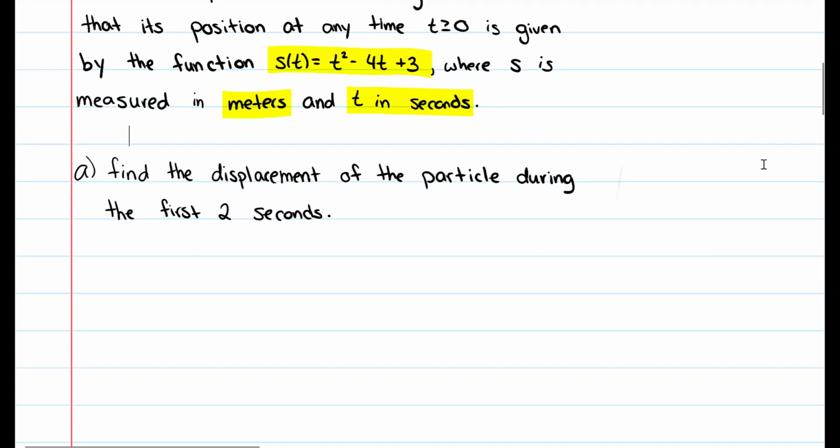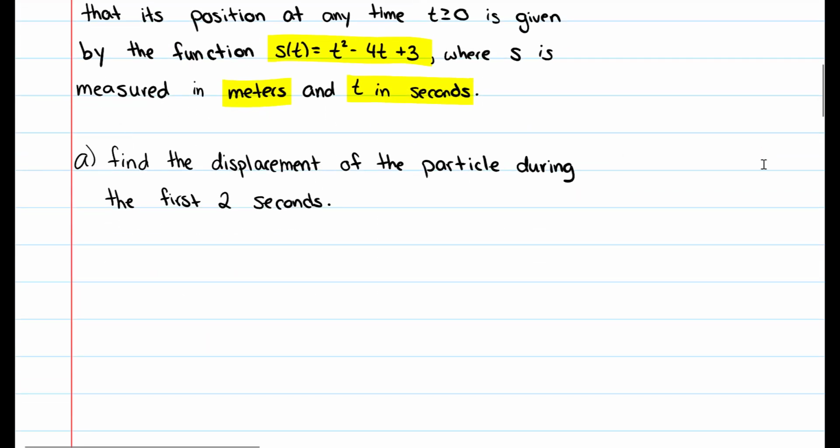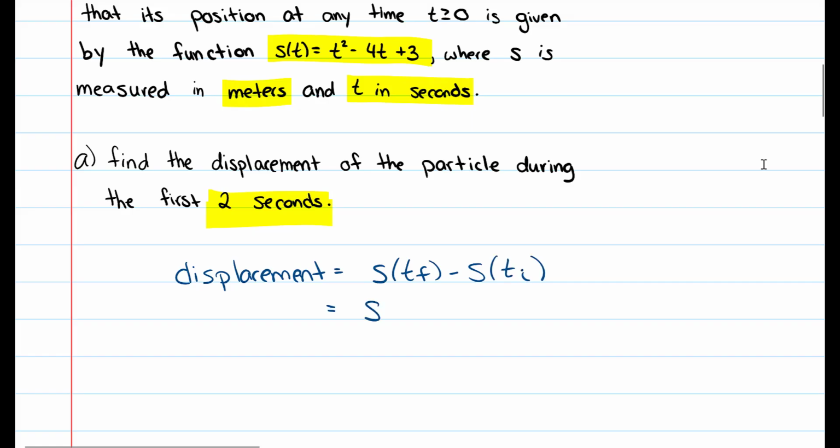For part A, we want to find the displacement of the particle during the first 2 seconds. We know that displacement is the position at t final minus the position at t initial. Our t final is 2 because it's been 2 seconds, and our initial time is 0 because it started at 0 seconds.